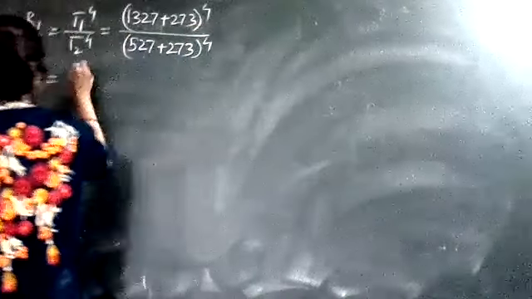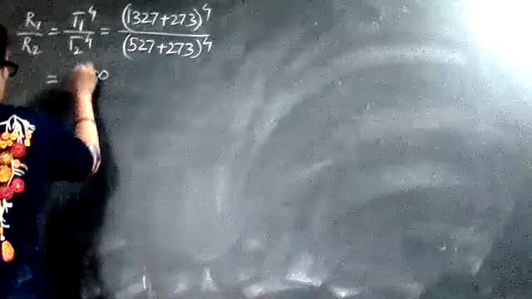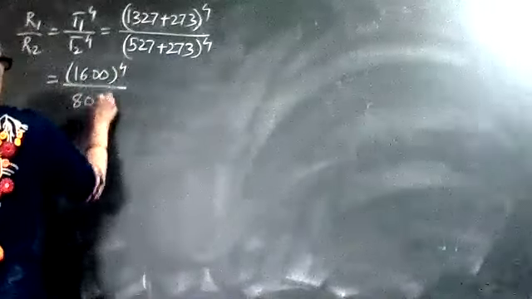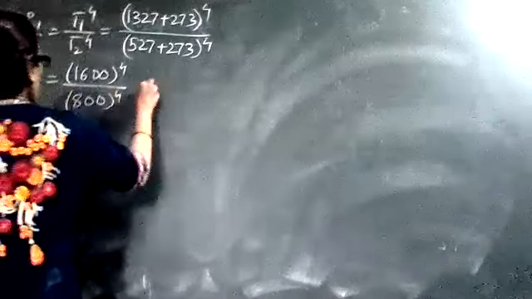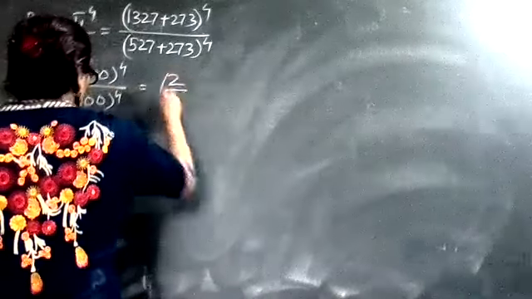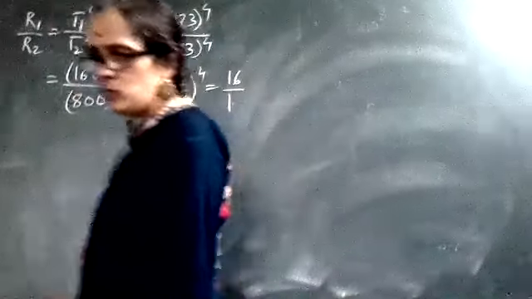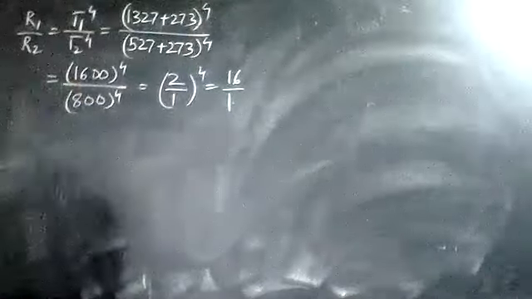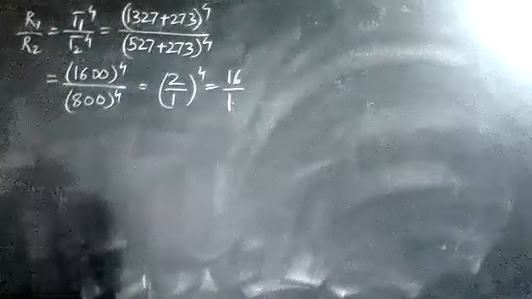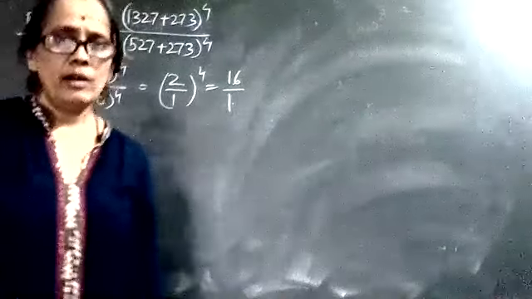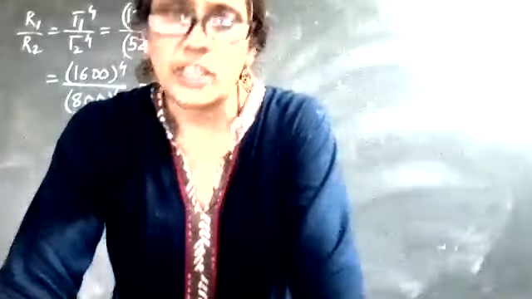So the addition is 1600 raised to 4 upon this addition 800 raised to 4, which is 2 raised to 4, which is equal to 16 times. So your answer will be nothing but that. Got it? And in that manner, all your numerical problems are finished.